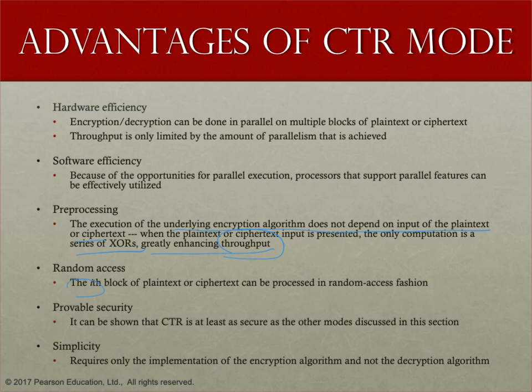I have blocks of ciphertext. I can choose to select any one of them and convert it without having to decrypt any other block. So they are not dependent. Independence allows for random access. Then provable security, so security strength is high, and simplicity. It's just based on XOR. Okay?